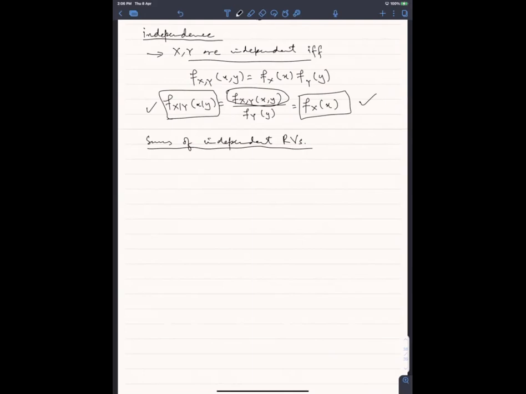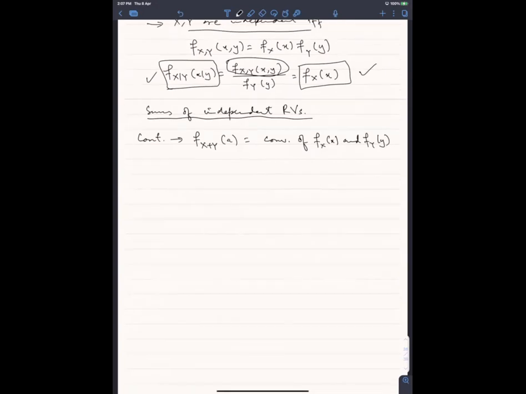We also looked at the continuous case, where we saw that f of x plus y at a is the convolution of f x and f y, and we did one problem of two uniforms convolving with each other. This guy convolved with this guy.